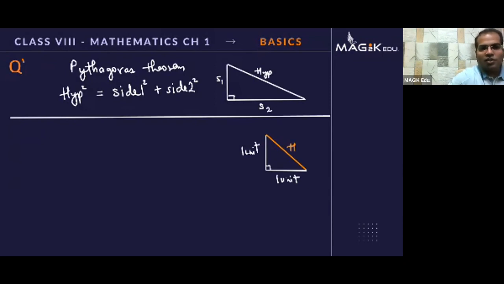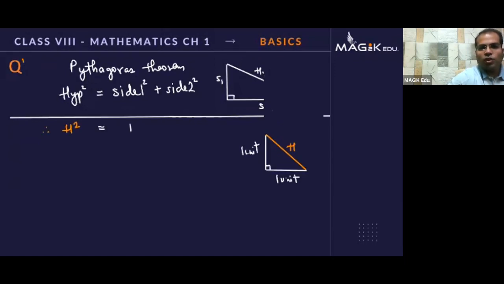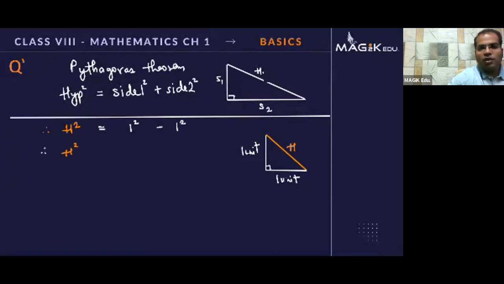So what I have is h square is equal to 1 square plus 1 square. So h square is equal to 1 plus 1. So h square is equal to 2.